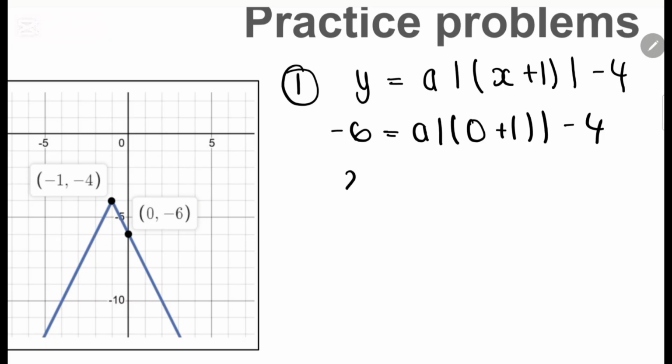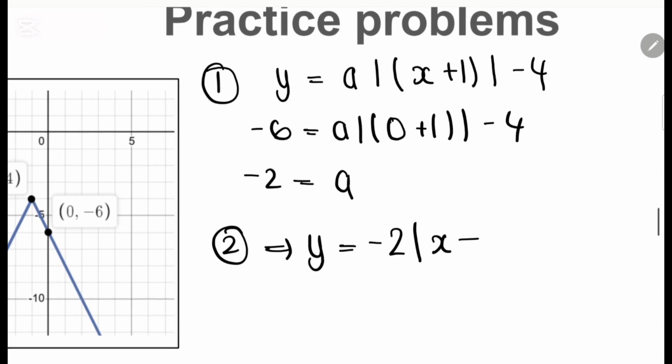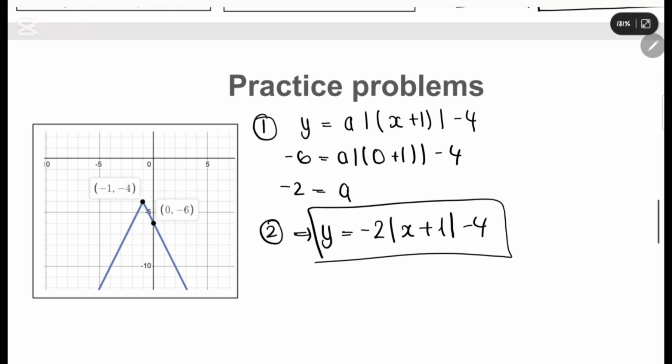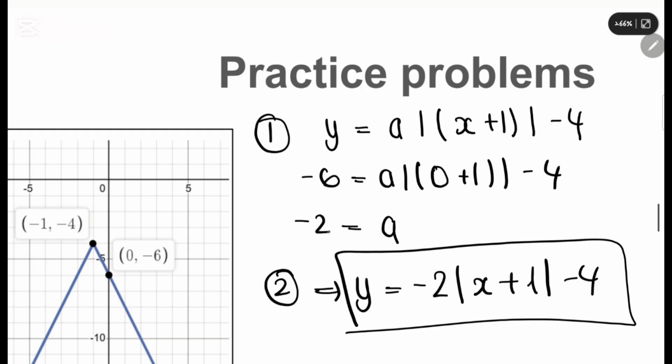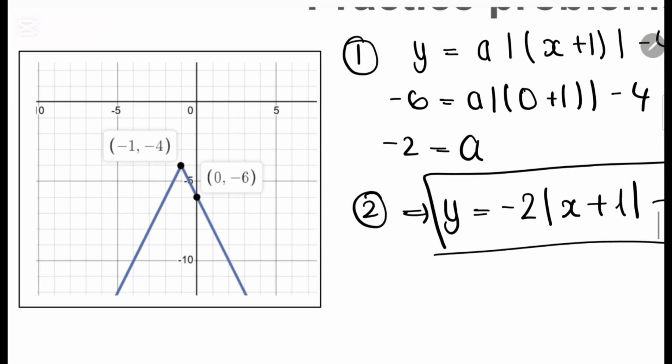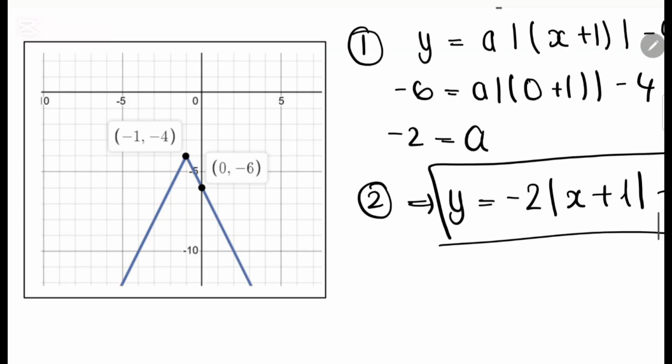So it's going to be negative 2, a. That's your equation. Okay, and this is what I mean, right? You don't have to account for the reflection, because when you solve for a, it already gives you the negative here. So it already gives you the reflection. It already accounts for the reflection for graphs that are not the square root graph, right?